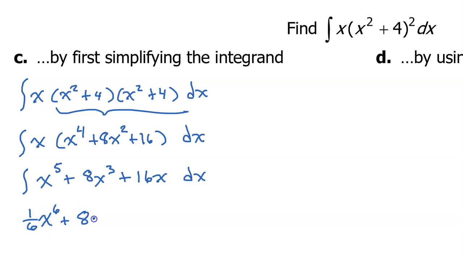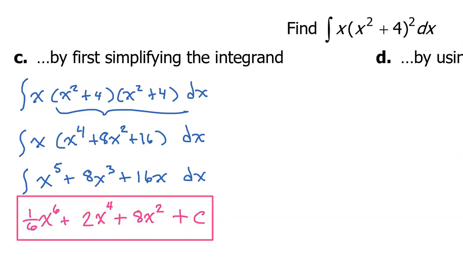Plus 8 times, actually, I think I'll just do this automatically. Increasing this exponent by 1, I have 4. And then 8 divided by 4 is 2. Okay, increasing this exponent by 1, I have x squared. And then 16 divided by 2 is 8. And that's it. So let's go ahead and just put the plus c on there. And this is the answer.